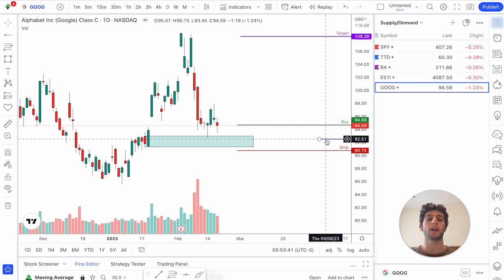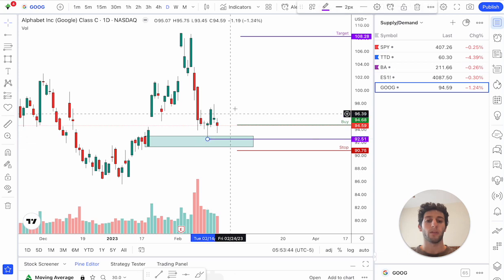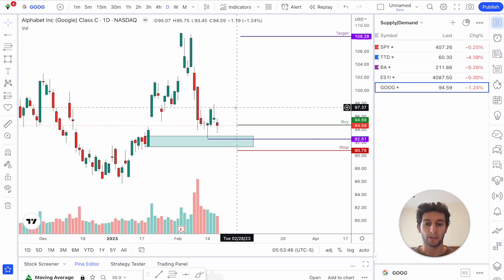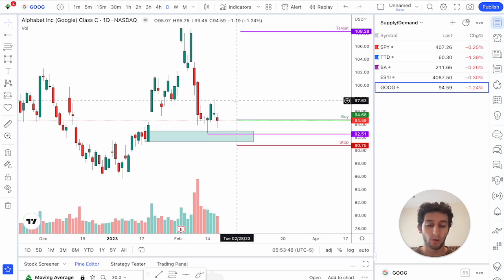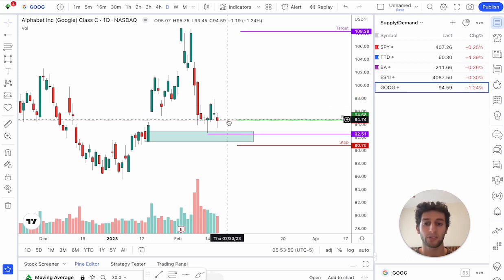Now the reason why credit spreads are so advantageous is you can see we have a one-to-one risk reward while the stock is above my break even, right? Typically, when you're trading shares or options, your break even is right when you get in, which would be around 94.59. But with credit spreads, our break even actually lowers down to 92.51.